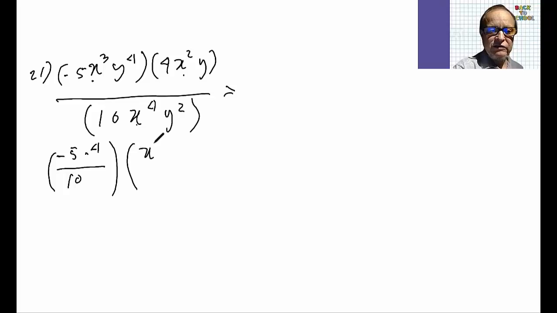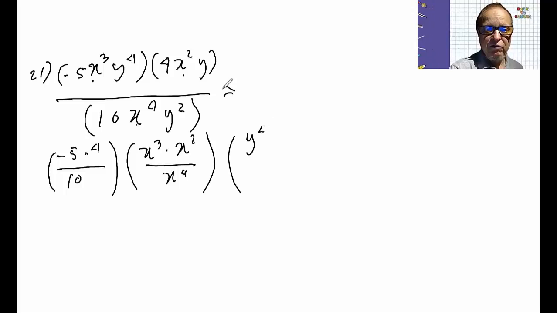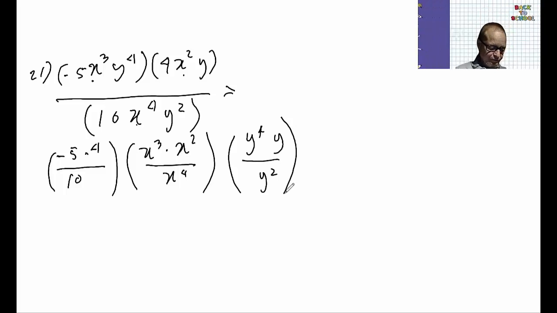So an x cubed times x squared, and then it's divided by x to the 4th. Then I'll do my y's. I have a y to the 4th here. I have a y here, and I have a y squared here.